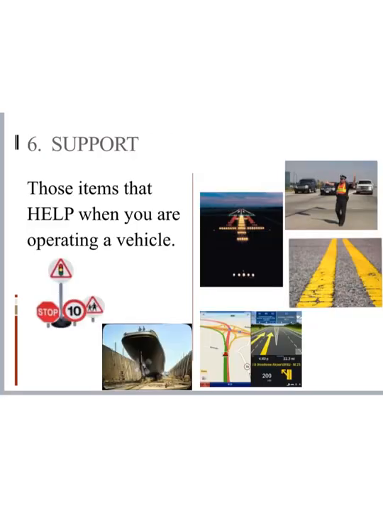And last but not least, support. For this project, well, for all projects, support are all the items that have to do with the vehicle but aren't attached to the vehicle. Some things are attached to the vehicle, like the mirrors. You could say that that's part of guidance and steering.